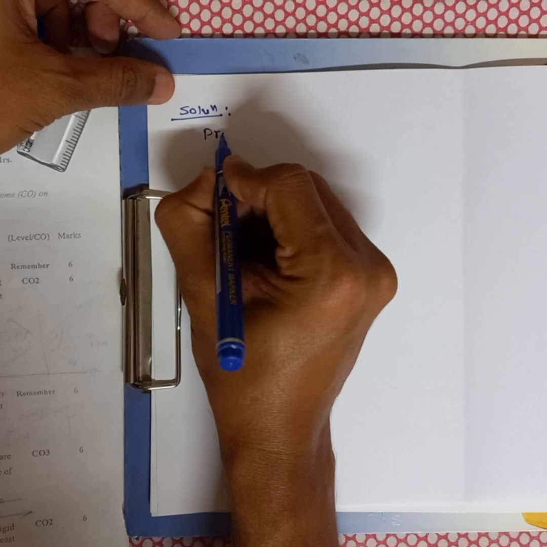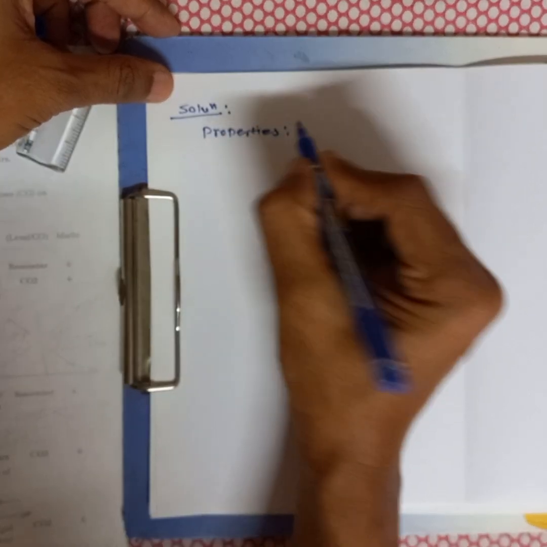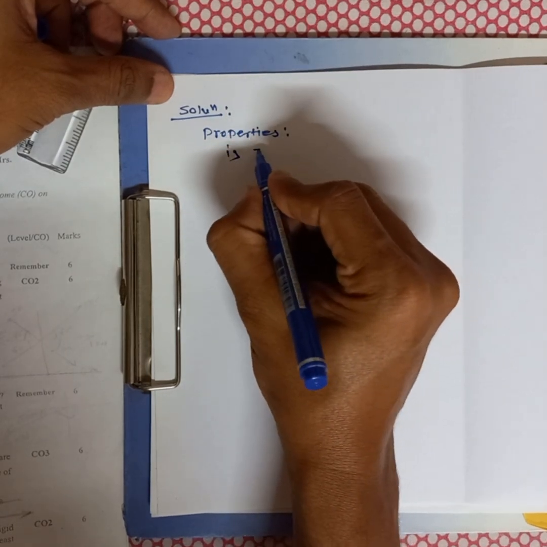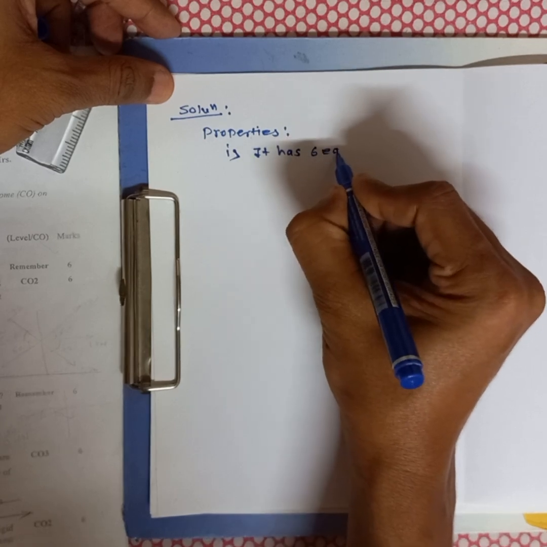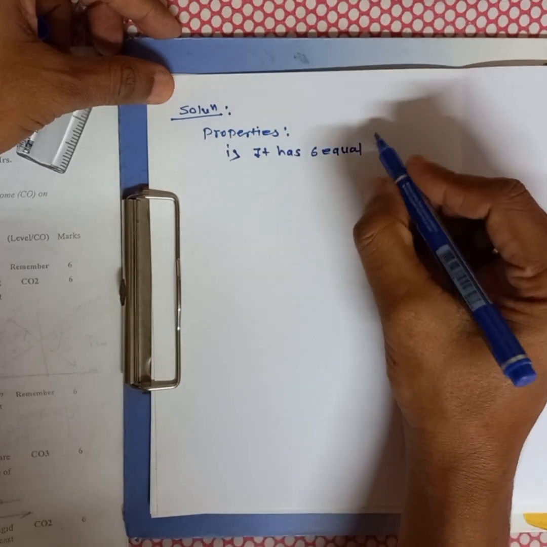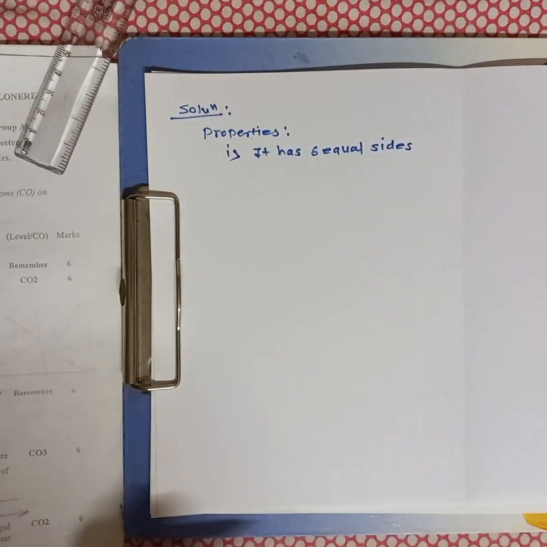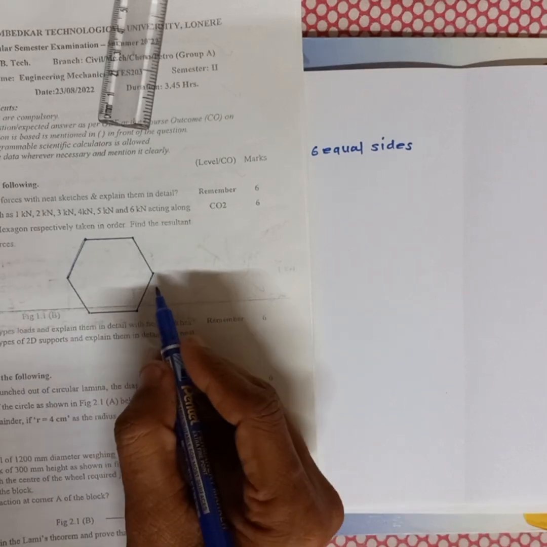So what are the properties of hexagon? Number 1, it has 6 equal sides. The first property, right? It is already given in the diagram also. So it has 6 sides and they are equal.